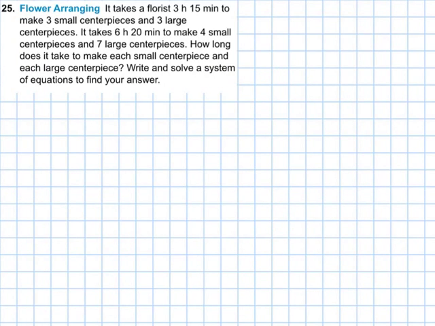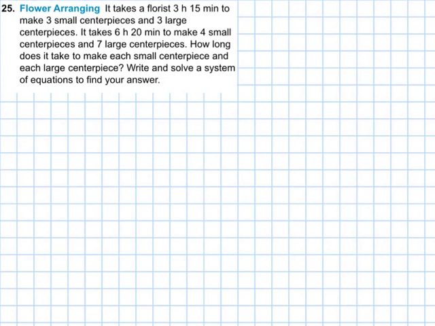So 25, it takes a florist 3 hours 15 minutes to make 3 small centerpieces and 3 large centerpieces. It takes 6 hours 20 minutes to make 4 small centerpieces and 7 large centerpieces. How long does it take for each centerpiece? So first thing we need to do is convert hours and minutes so that we can combine them. I know 3 hours is 180 minutes.